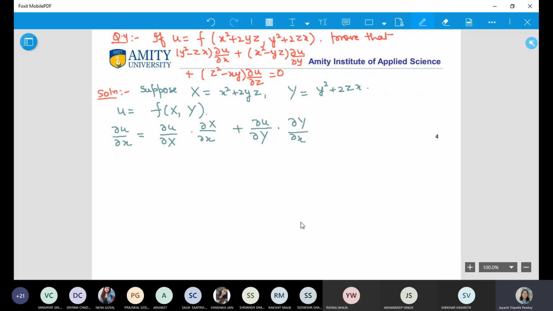Is this okay or not? Capital X is a function of x, y and z, and capital Y is a function of x, y and z. Is this fine? Ma'am, but there are three variables, x, y, z. So we will differentiate accordingly. Here we are differentiating with respect to x. F is a function of two variables only, capital X and capital Y. So we will write it like this.